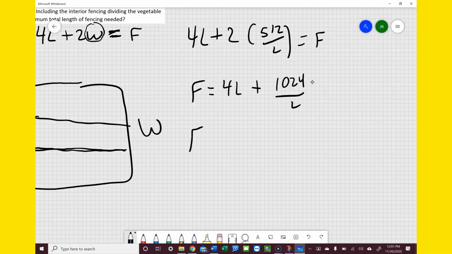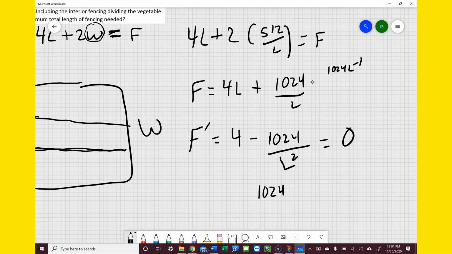So now take the derivative, and that's going to be 4 minus 1024 over L squared, because this is 1024 L to the negative 1. So hopefully you can see how I got that derivative. Set that equal to 0. 1024 over L squared equals 4.